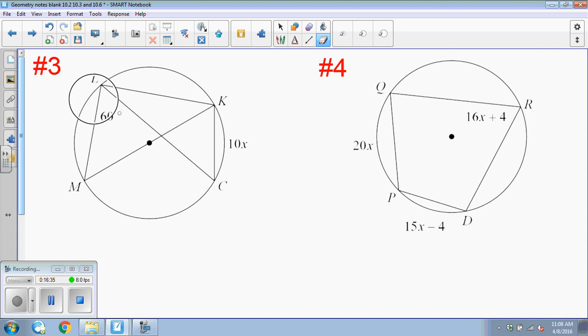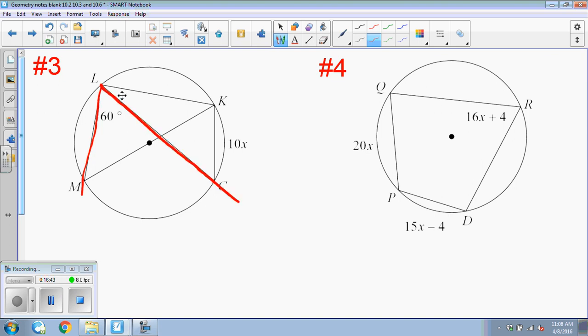The other way was to recognize that if this is 60, this arc here has to be 120, right? Now, both of these together equal 180. So 10x plus 120 equals 180.